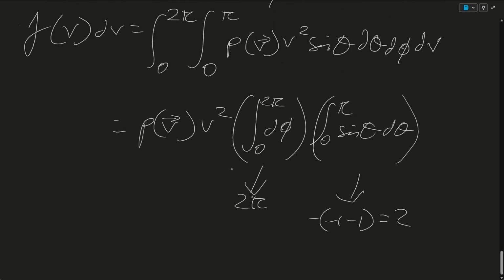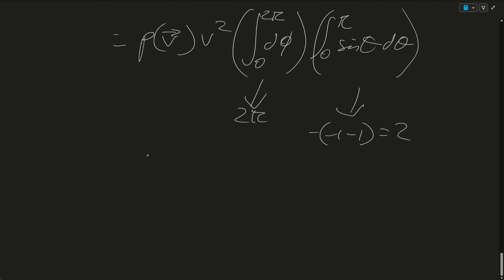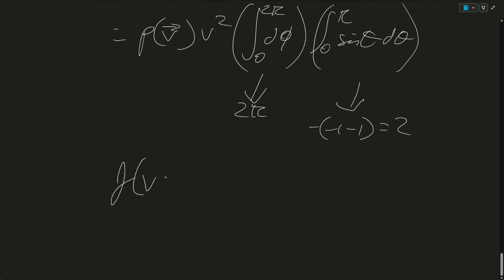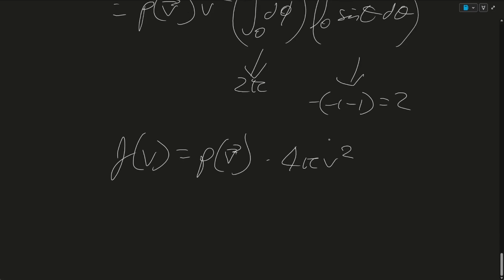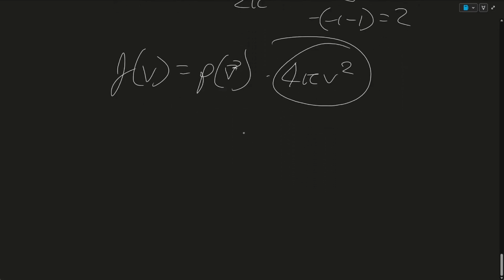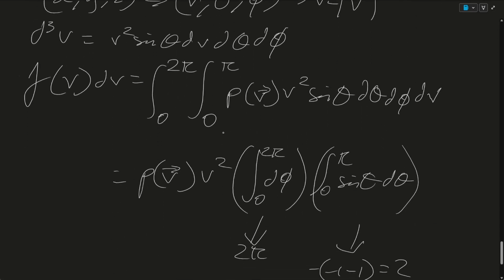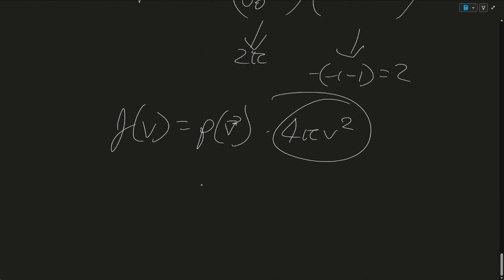So the factor that we get from that is f of v equals p of v times 4 pi v squared. So that's our spherical surface area factor, because we're treating all particles as spheres.